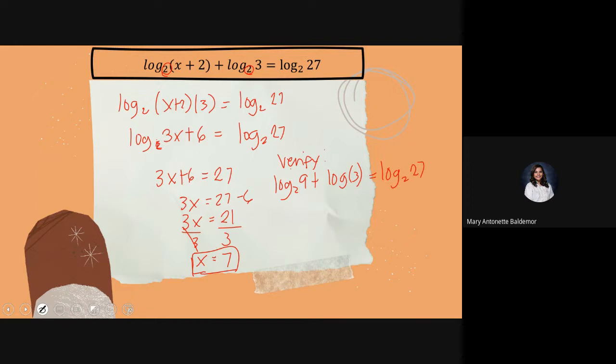Now, applying the concepts that we had, we know that 9 times 3 is 27. So, obviously, they are equal. So the logarithm of 27 with base 2 is equal to the logarithm of 27 with base 2. You can just check using your calculator the value of the logarithm of 27 with base 2.